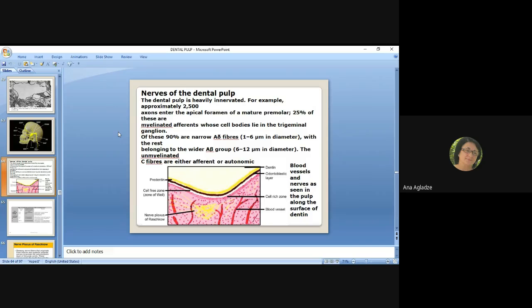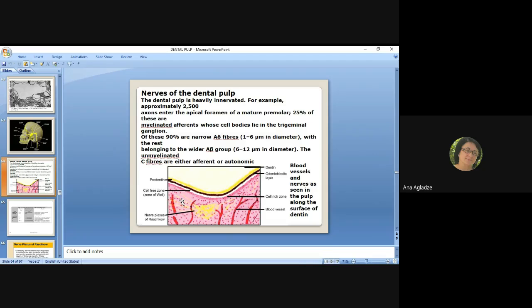In the cell-rich zone, or subodontoblastic zone, here you can see, the nerve fibers branch repeatedly and form the Raschkow plexus, shown here in yellow.